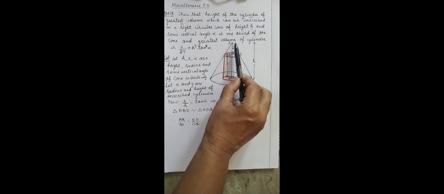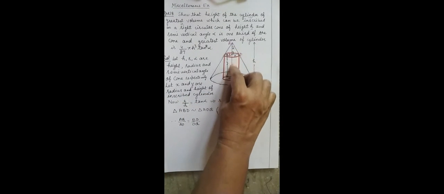Now clearly from this diagram, in this right triangle AOQ, I can see that radius upon height will be equal to tangent alpha. I am talking about this whole right triangle. So in this, what is the opposite side to alpha?